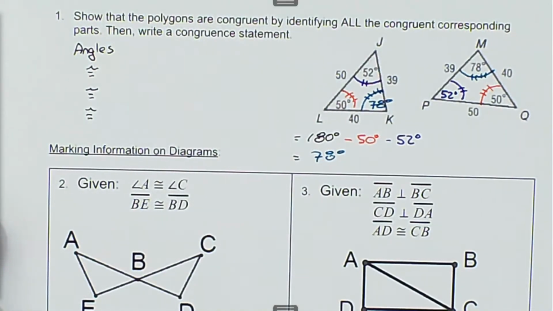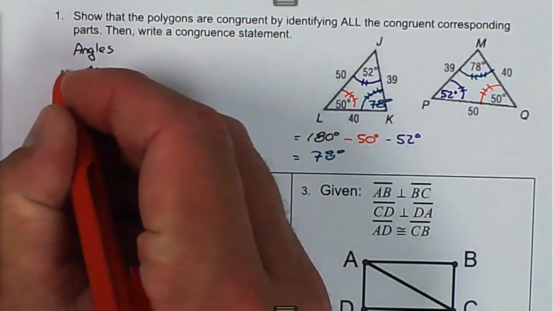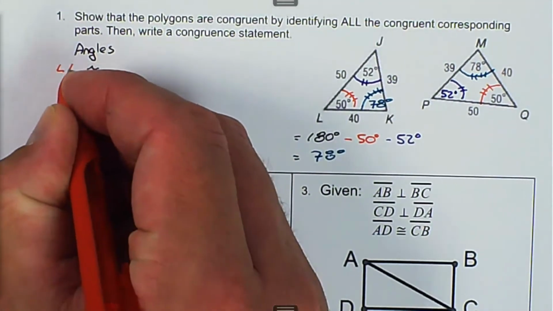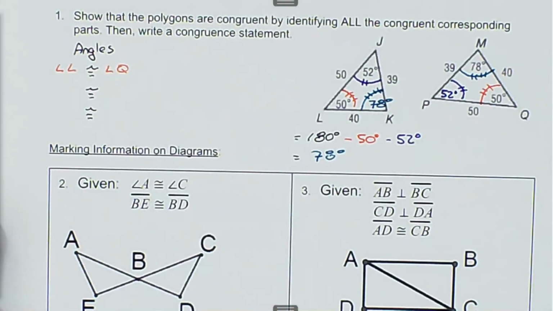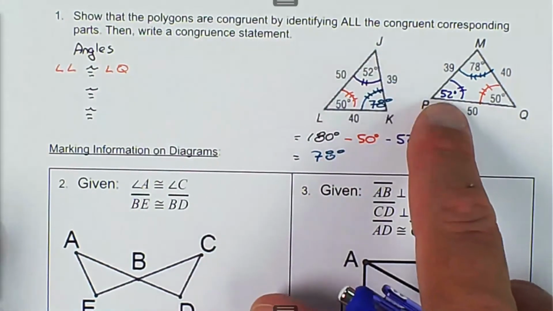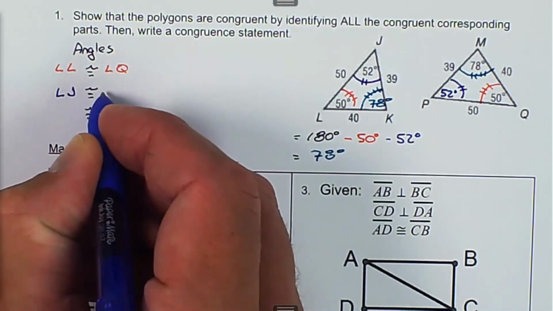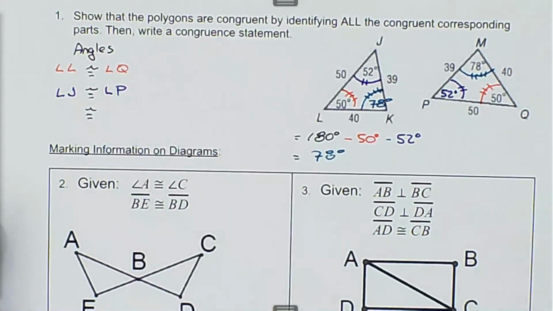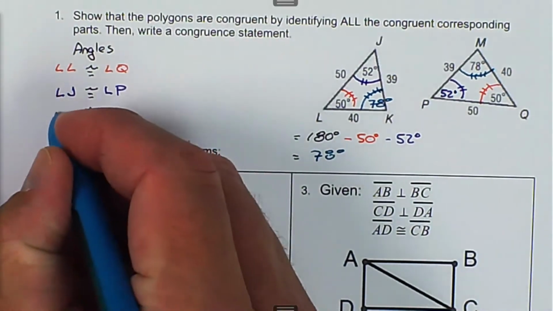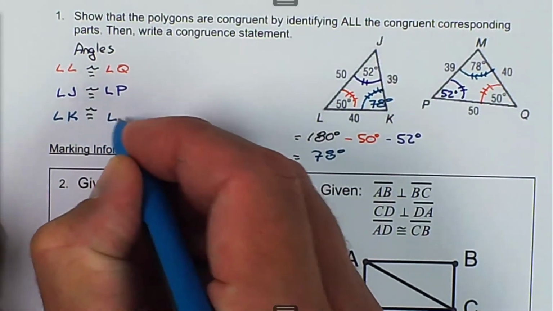We have 50 and 50, so angle L is congruent to angle Q. And then we have 52 and 52, so angle J is congruent to angle P. And then we have 78, so angle K is congruent to angle M.